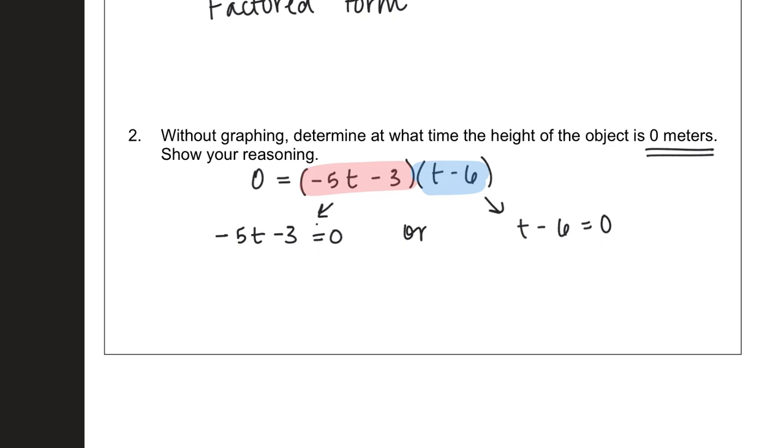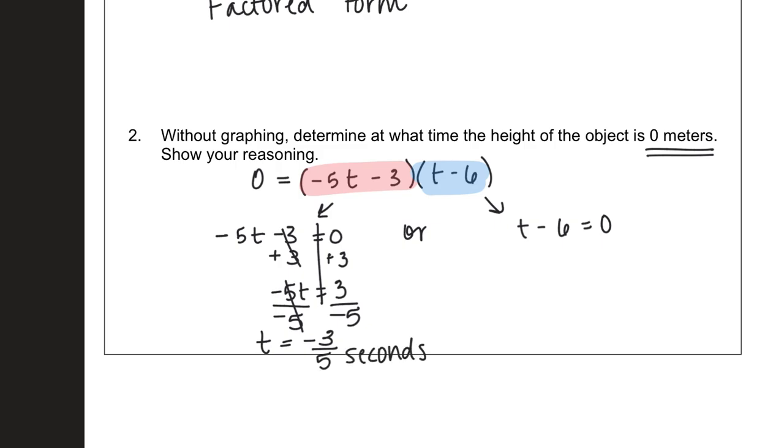So this first one, we will add 3, so negative 5t equals 3, and then we can divide by negative 5. Remember these are seconds, so we have t equals negative 3/5 seconds.